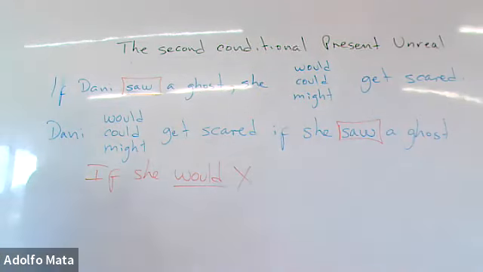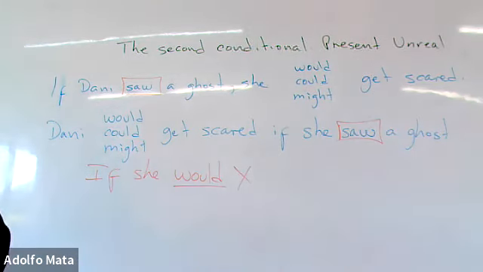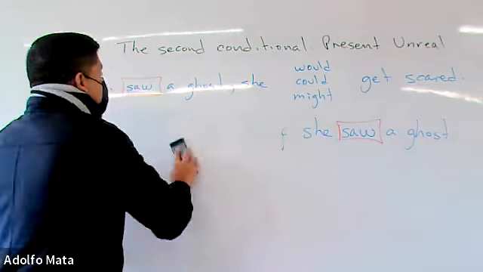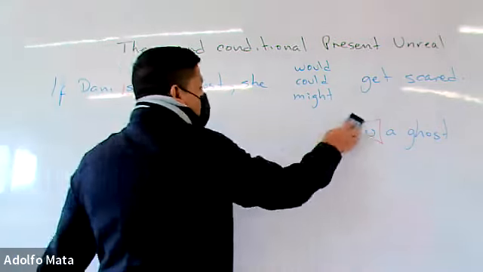Thank you. Something happens when in the second conditional we use the verb to be. Okay? Because remember that when we conjugate, the verb has to be in past after it. But something happens with the verb to be.